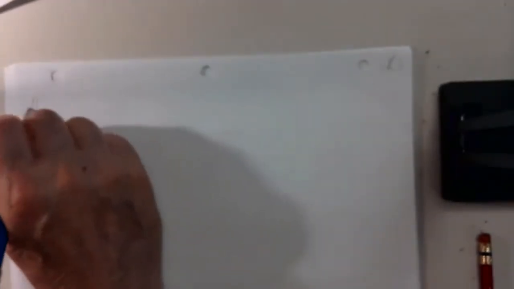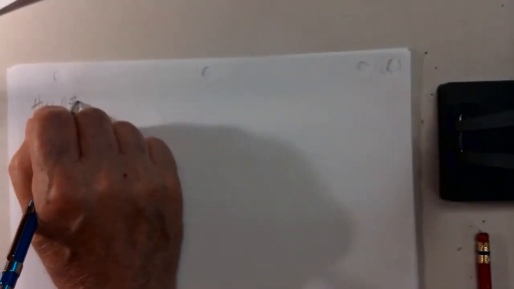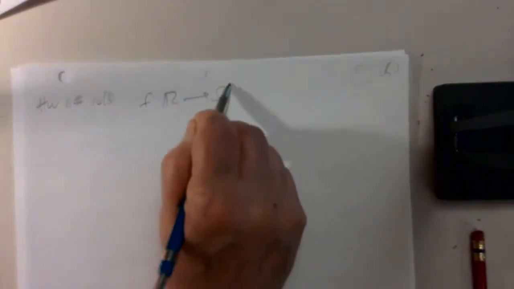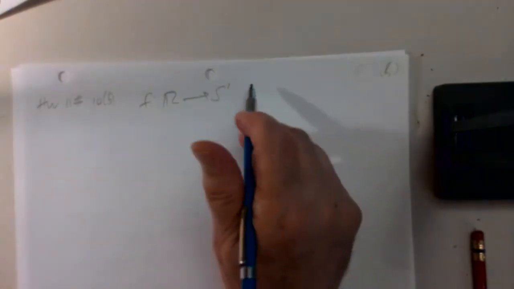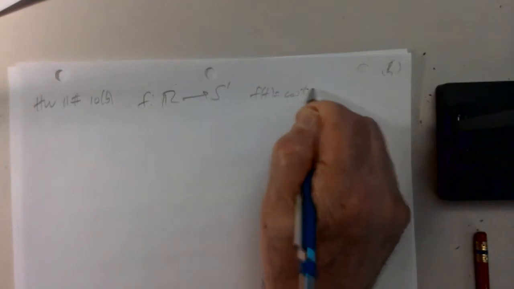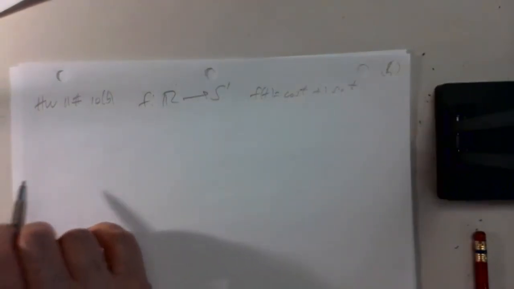So this is homework 11, number 10B. We have a function from the real line to the circle given by f of t is cosine t plus i sine t.